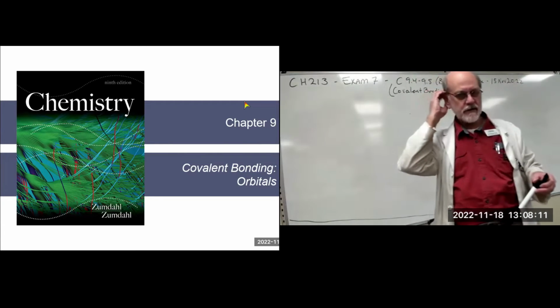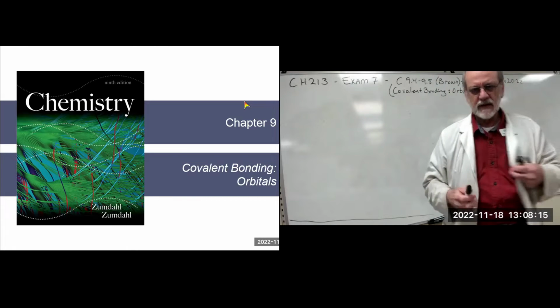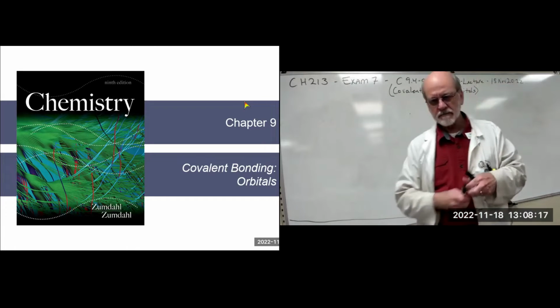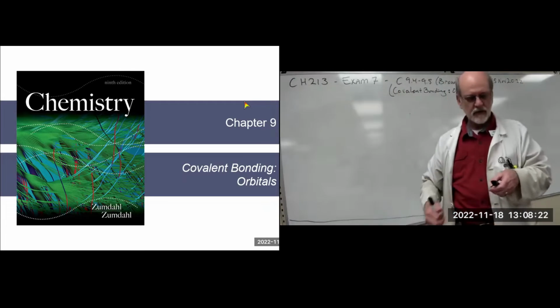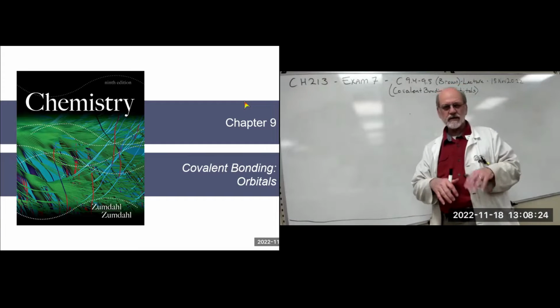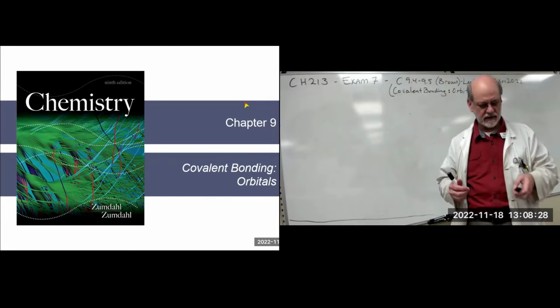So let's finish off our discussion of orbitals. And we're going to focus on covalent bonding. So we're essentially finished with ionic bonding now, and we're only talking about covalent bonding.